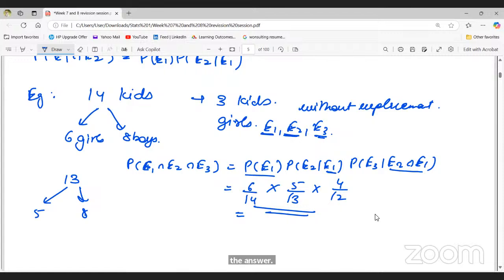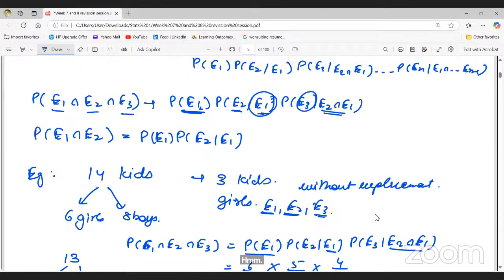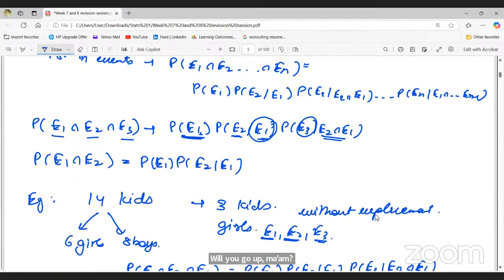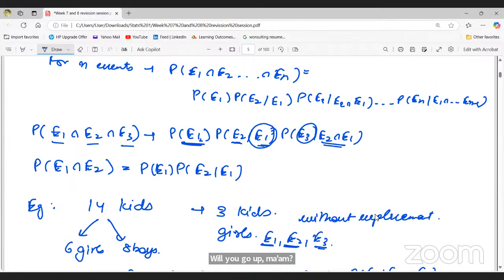Ma'am, I have a small doubt in the formula. P of E1 intersection E2. Here, you said E1 intersection E2 equals E2 intersection E1, right, ma'am?